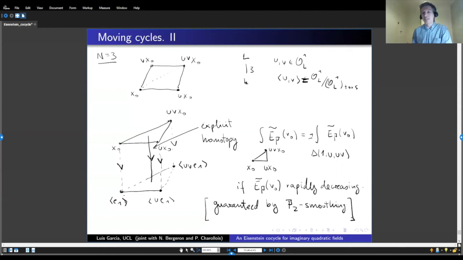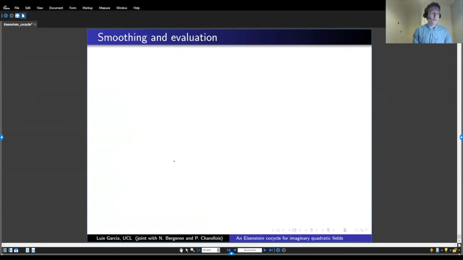This is the issue, that these cocycles are valued in a space of functions that are not defined everywhere. So if you want to evaluate them somewhere, you have to make sure that you are inside the domain of definition. And you can force this by doing an additional smoothing. Maybe I'll just spend 2 more minutes if that's okay.